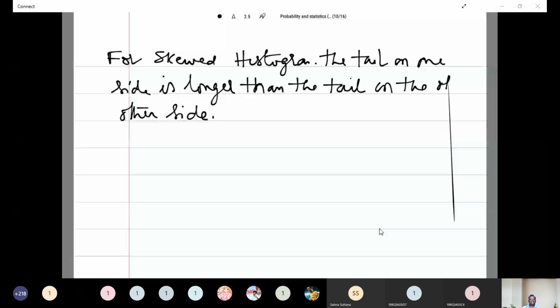That means one side is the longer tail, the other side is the short tail. Then such types of histograms are known as skewed histograms.